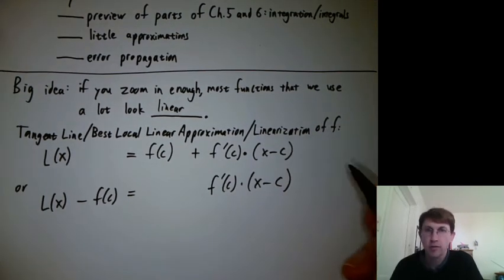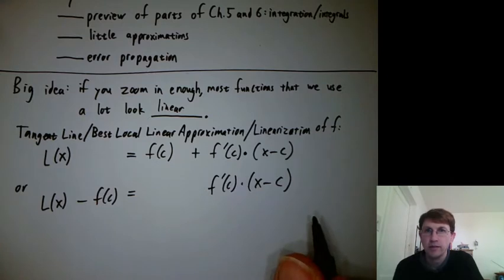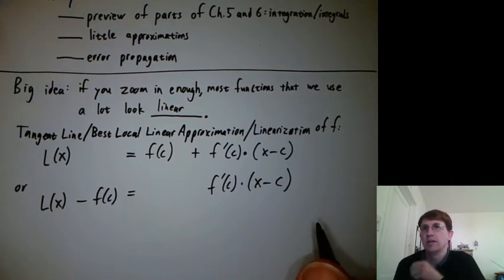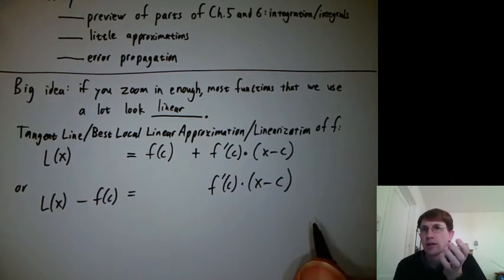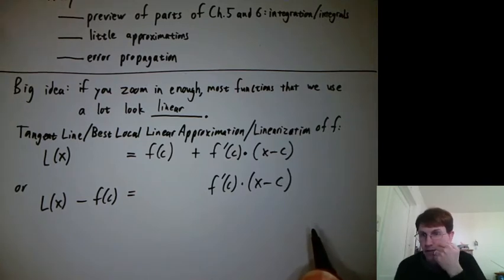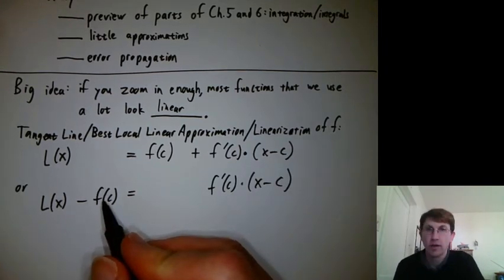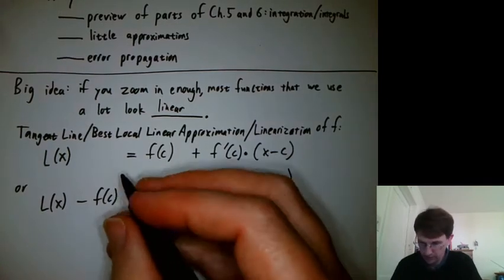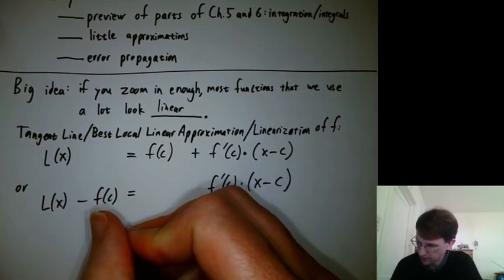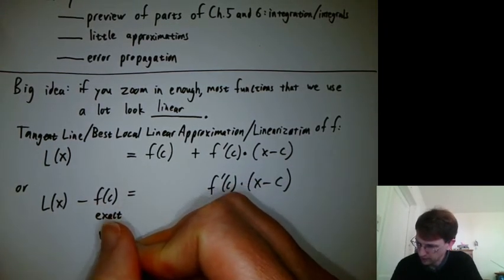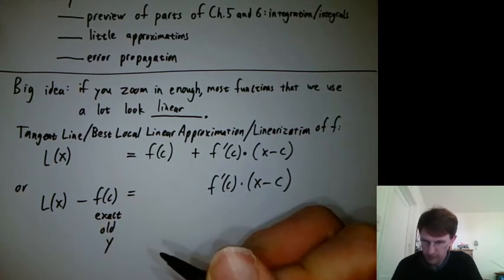And then let's think about what each of these things is. Which one would you say is the old exact y value? Which one is the new approximate y value? Take a sec to think about that. Well, f of c is the y value at c. It is exact. So we could say this is the exact old y value.